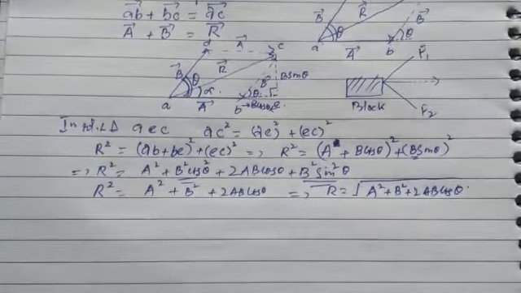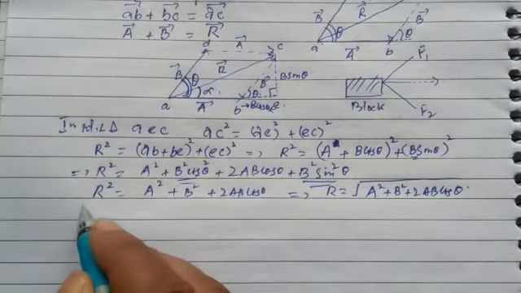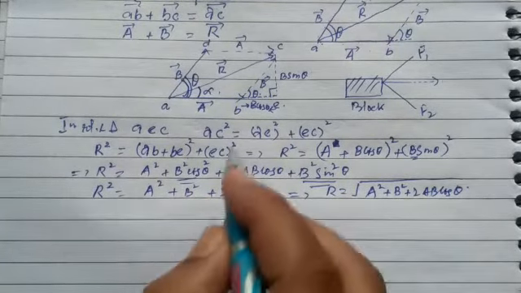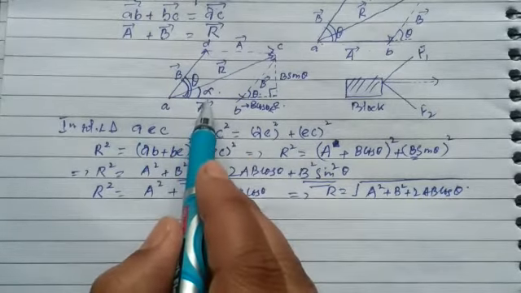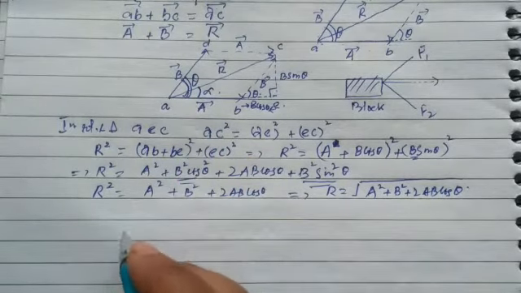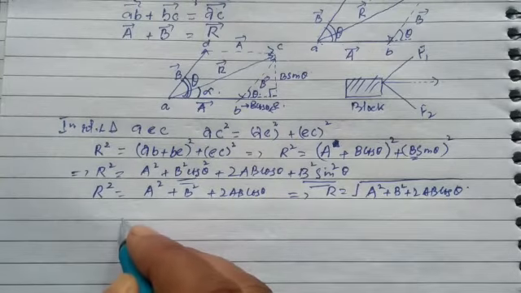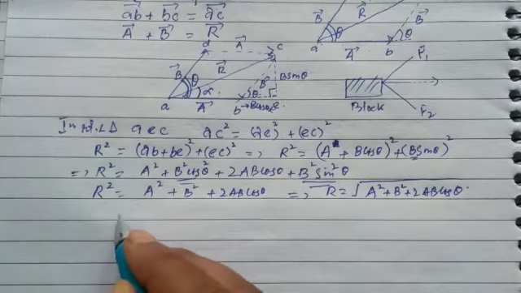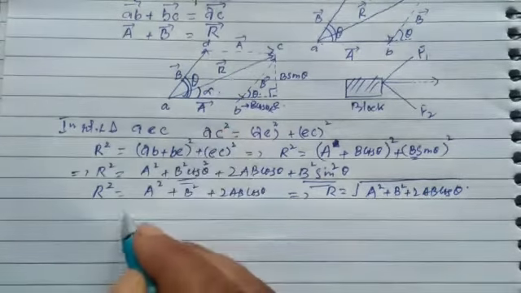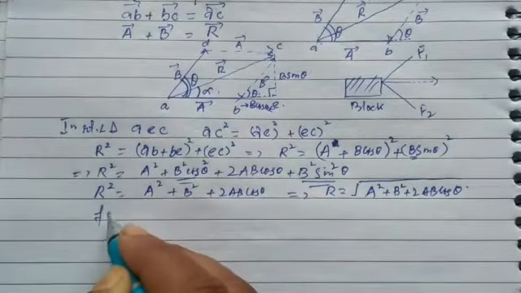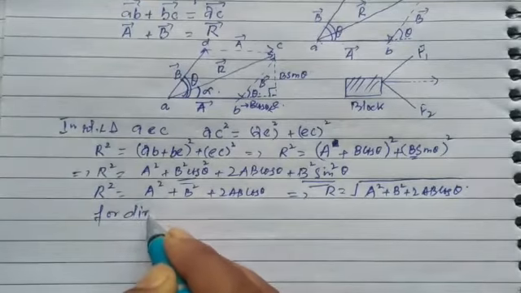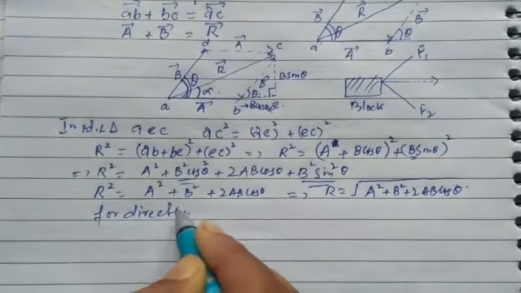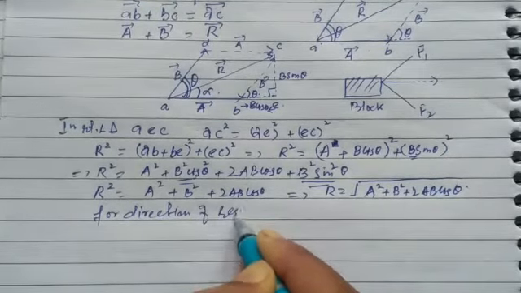Now after it, what we are having? We are having now the direction of resultant. If the direction of resultant makes an angle alpha, as it was in the triangle of vector addition, so we can simply write here tan of alpha for direction of resultant.